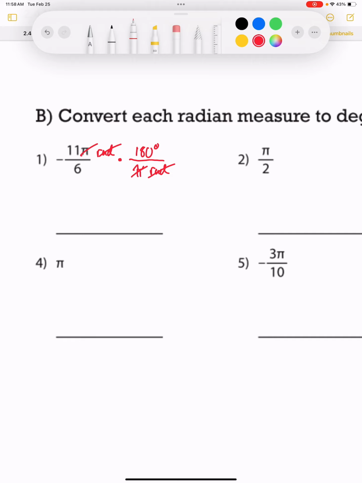So now I have negative 11 times 180 divided by 6, and then we're talking about degrees. Negative 11 times 180 divided by 6 gives me negative 330 degrees.